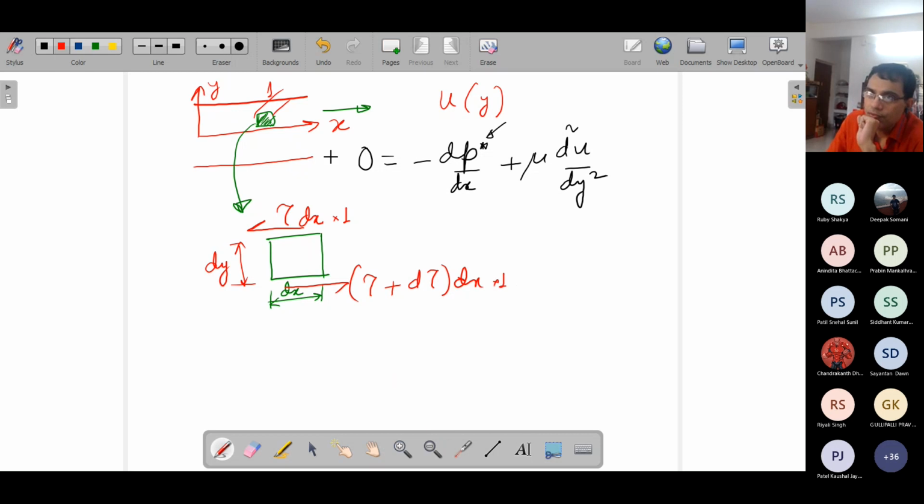What about the force due to pressure? So here, let us put a different color. So you have a pressure distribution. So this force is, let us say, P into dy into 1.